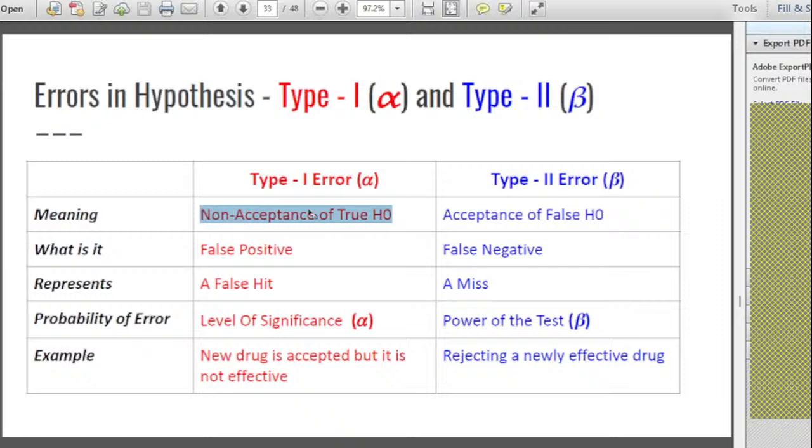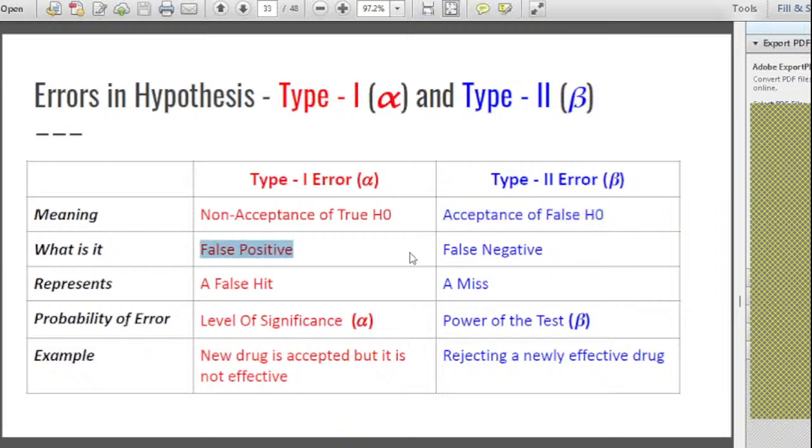Type 2 error: acceptance of a false null. Wrongly, I am accepting a false null. Actually, the alternate is true, but I am wrongly accepting the null. Clear? Difference is clear?